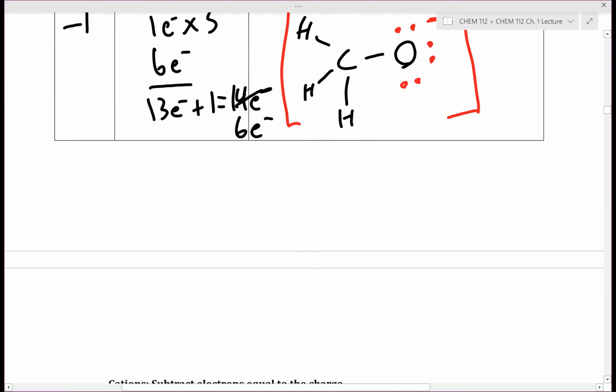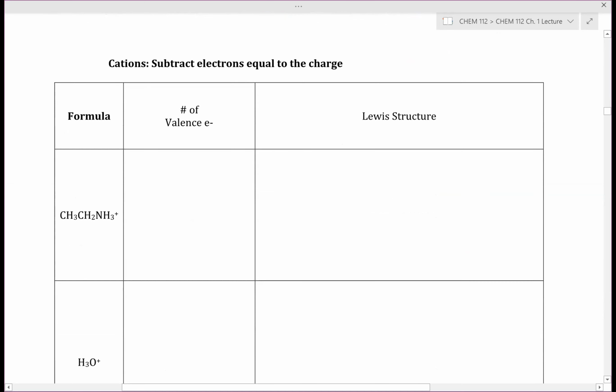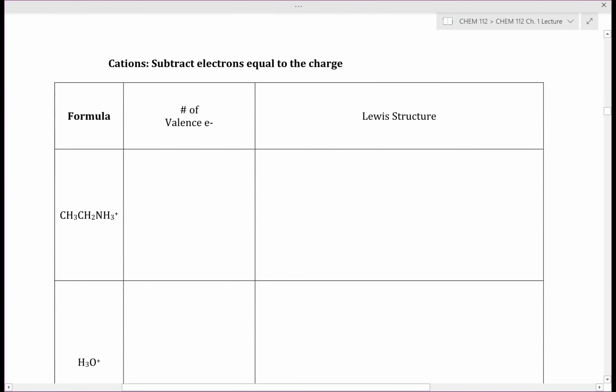To ensure we're well-rounded in our practice, let's now deal with some cation Lewis structures. Cations have fewer electrons than normal, so we subtract electrons equal to the charge. I'll start us off with the first one: CH3CH2NH3+. Carbon has 4 electrons, and we have 2 carbons.